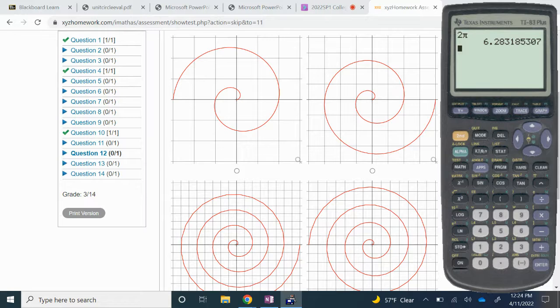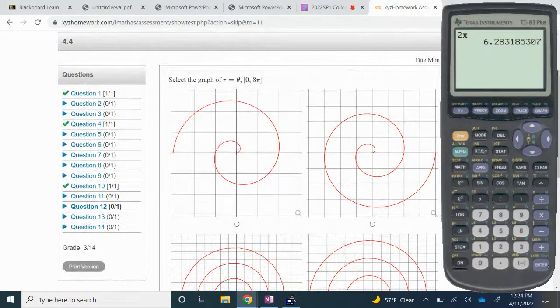That's 6.2831. But notice that our interval is from 0 to 3 pi, right? So I'm going to go in the window and change my theta max to 3 pi. And now I want to graph.